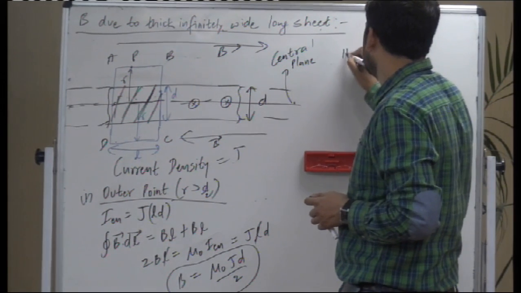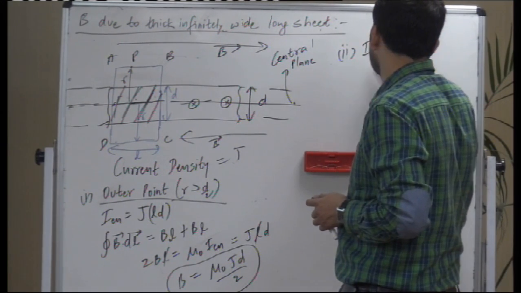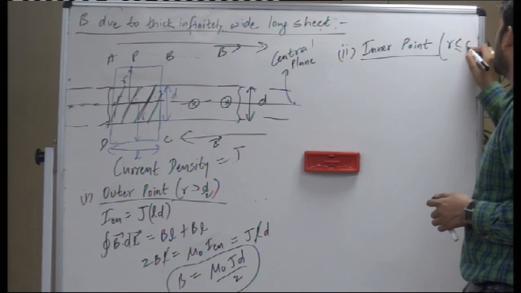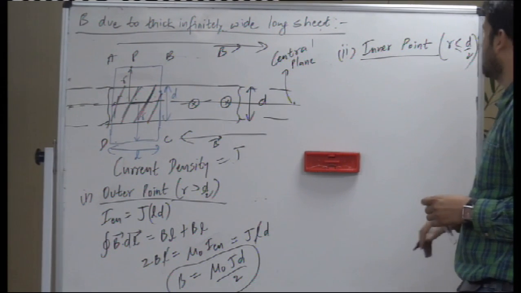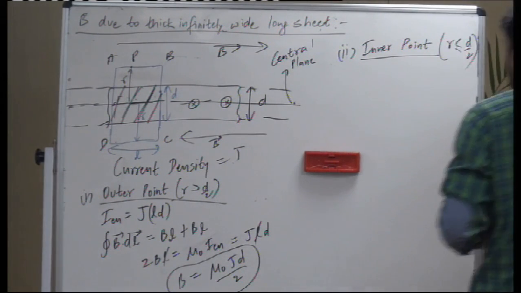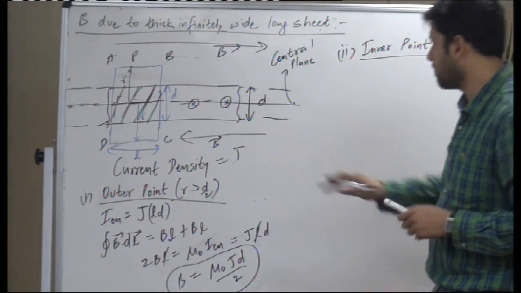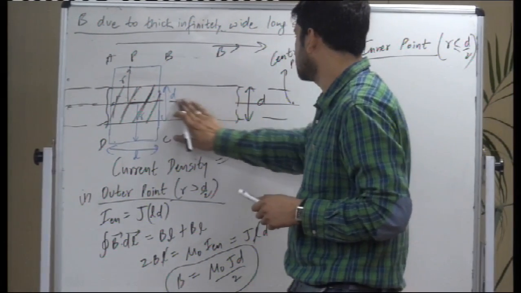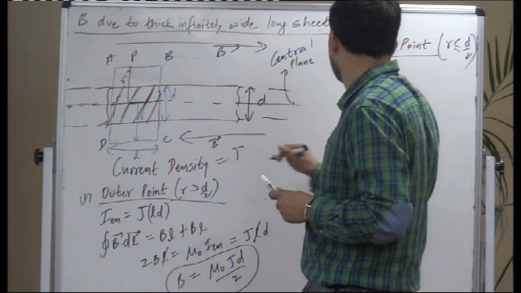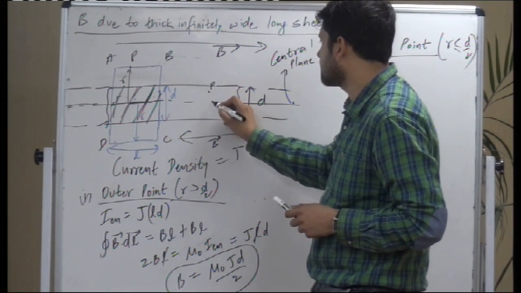The second would be the inner point, for which R is less than or equal to d by 2. Let's see what we can find. Now this is the point we are interested in.